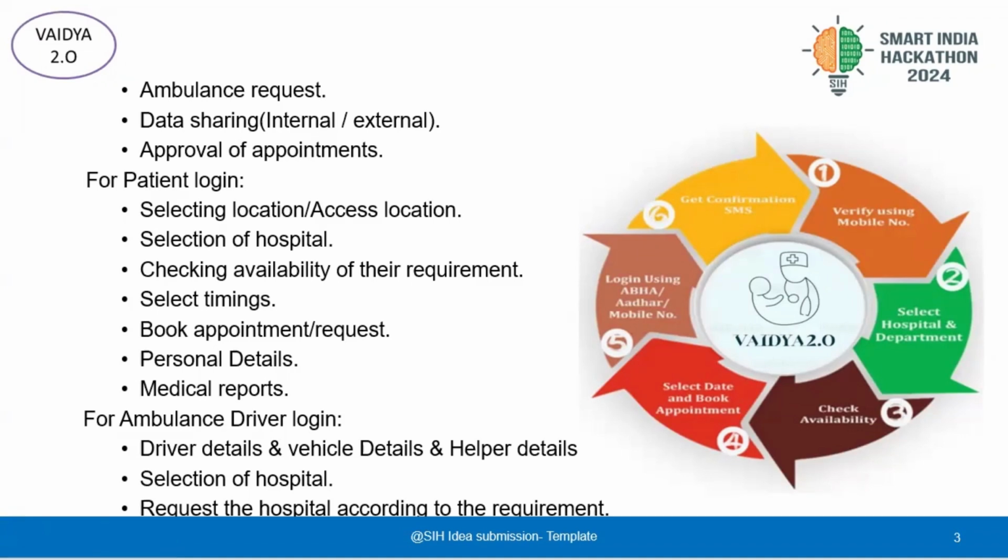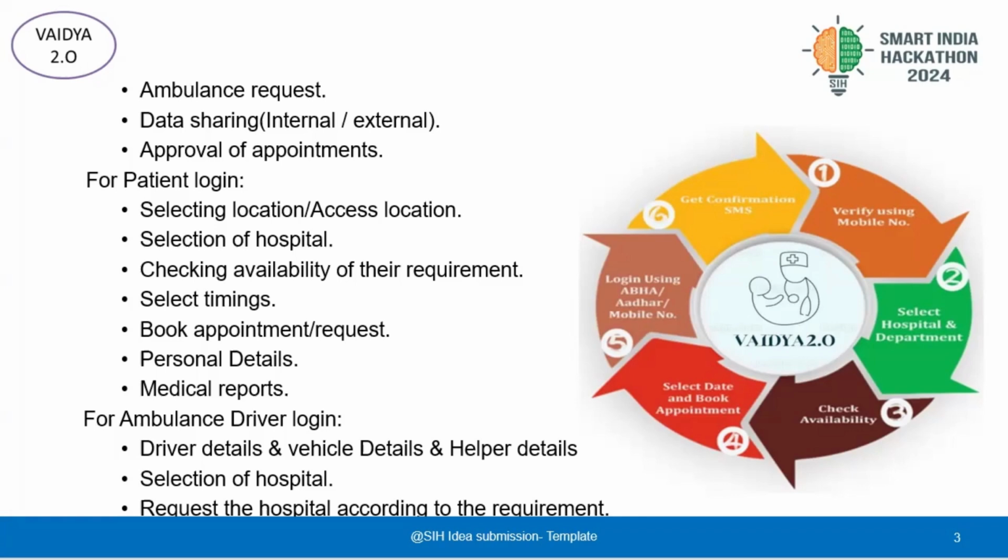It will be checked by the hospital, which confirms the request. If the bed or the requirements of the ambulance are available, the data, like patient details and reports, will be shared internally from one hospital to another hospital. Appointments of the patients should be approved by the hospital.